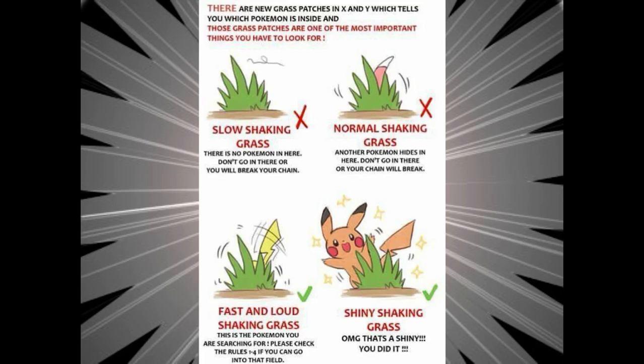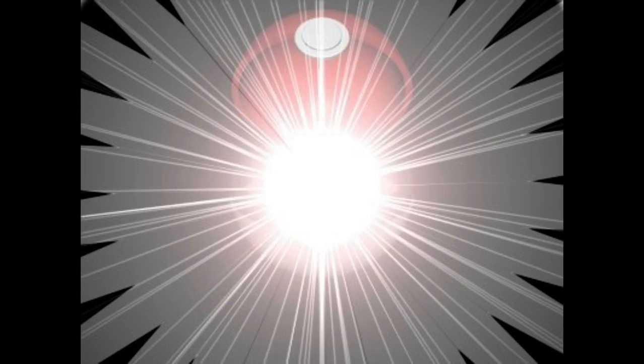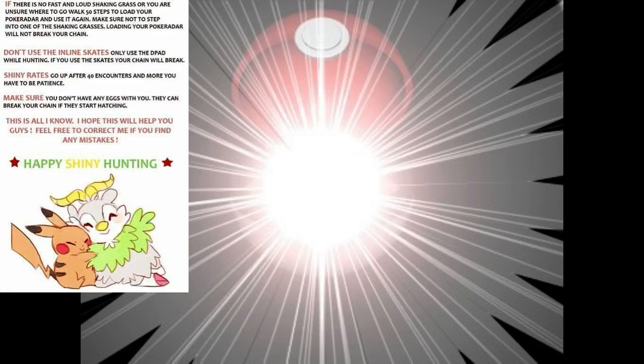If you keep going to the right patch of grass, eventually you will encounter basically the same as the fast and loud shaking grass, kind of, but it looks slightly different. It's not a huge difference, but it is there, and you can tell. And so, once you hit that, you can have your little giddy girl screams as you encounter whatever.